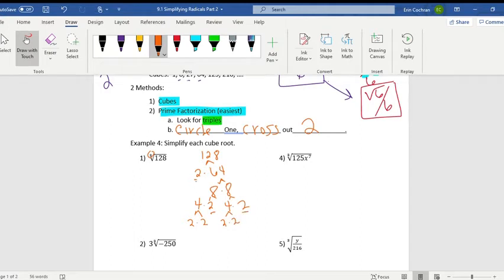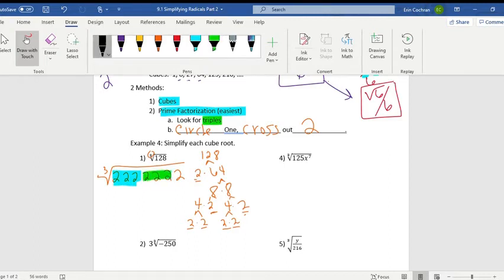So how many 2s do we have? 1, 2, 3, 4, 5, 6, 7. So 7 2s. We keep that little index of 3. Now we look for cubes, triples. I have three 2s, three 2s, and a 2 left over.